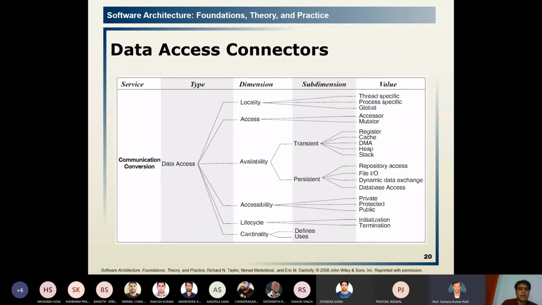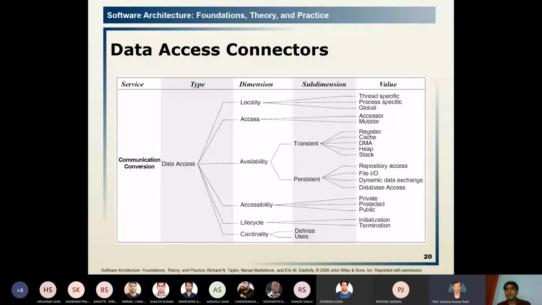Here another one is the data access connector. First one is the procedure call, then event, then data access. Here it will work as a communicator as well as a converter. The dimensions are locality, access, availability, accessibility, life cycle, and cardinality.